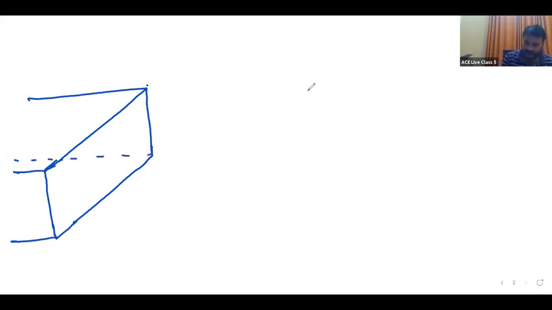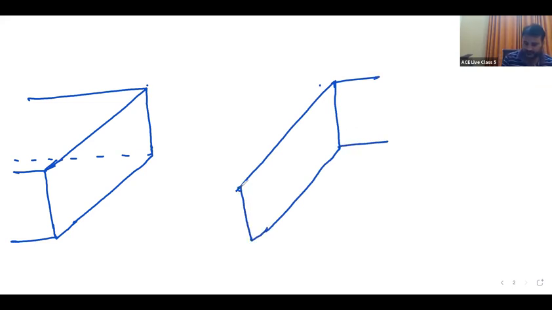This is the North Pole and this is the South Pole. Flux is from north to south.